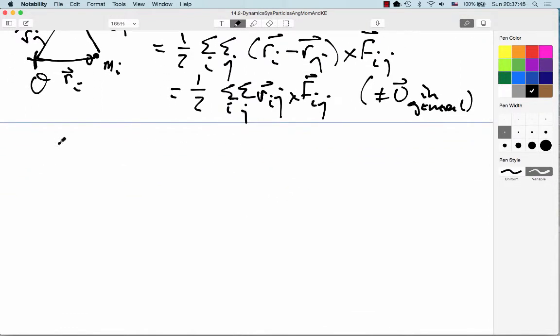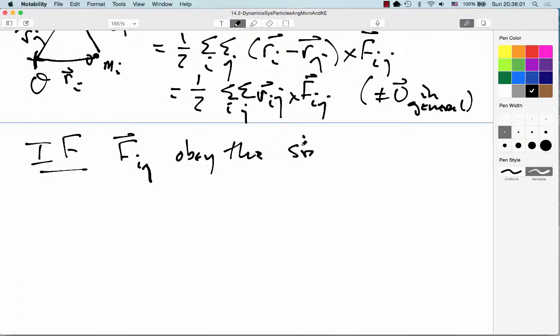However, if the forces are central, so if, and this is our big if, the F_ij obey the strong version of Newton's third law, then that means r_ij and F_ij are either parallel or anti-parallel.